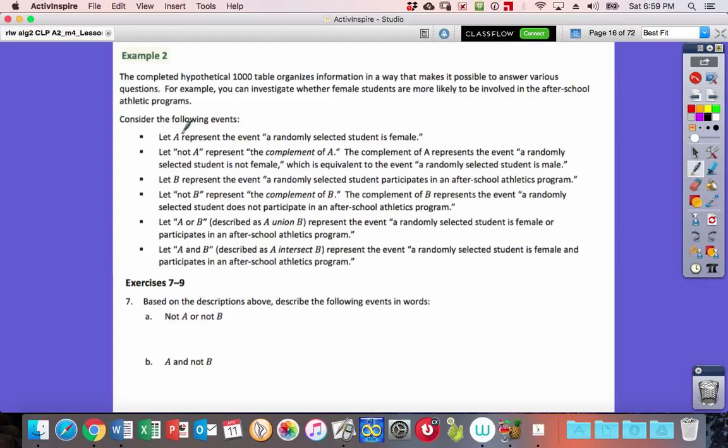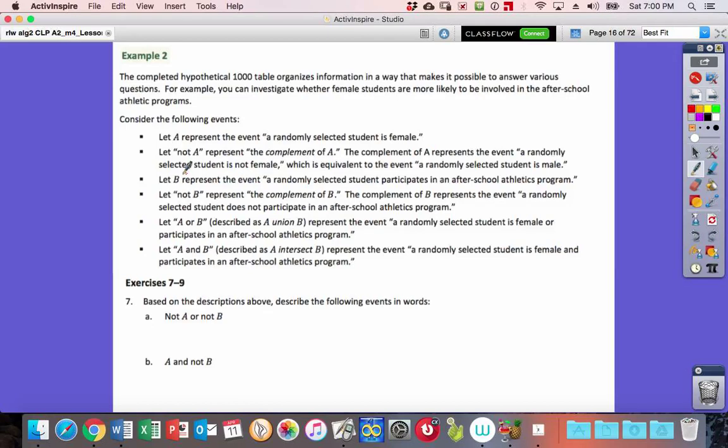We're going to say let capital A represent the event that a randomly selected student is female. Not A would represent the complement. That's a word you might have seen before. The complement of A represents the event a randomly selected student is not female, which is the same thing as saying a randomly selected student is male.